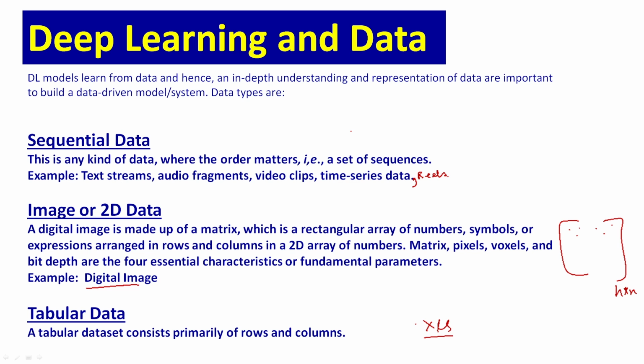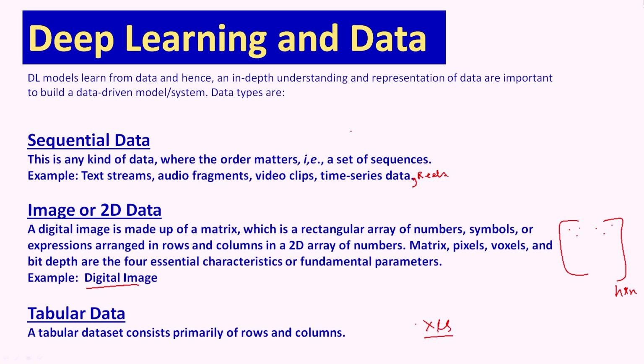But most of the images, as we discussed in the last class, are digital images nowadays, and if you go back to my lecture number 26, a digital image can be represented in terms of a matrix, in a scale of 0 to 255, which is nothing but a rectangular array of numbers arranged in a sequence like rows and columns.